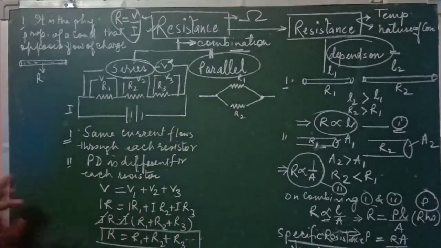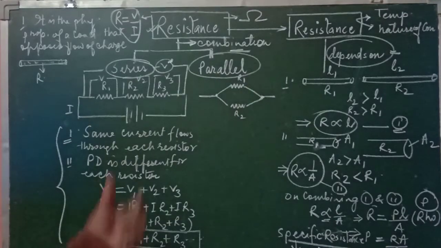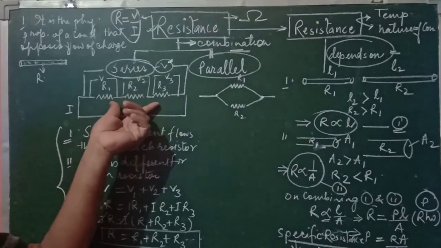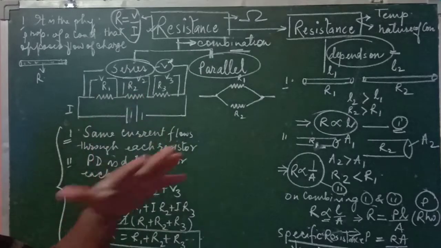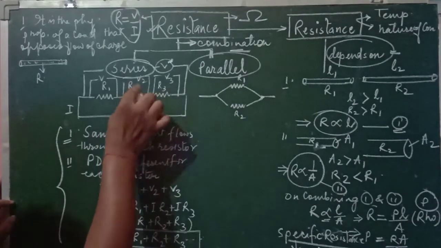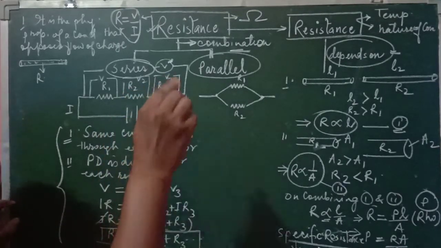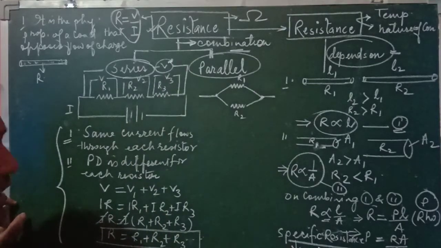Okay students, but it will have some disadvantages also. This type of combination, the series combination, is never used as household wiring. As you know, if suppose R1 gets fused, then R3 will stop working. Understood?